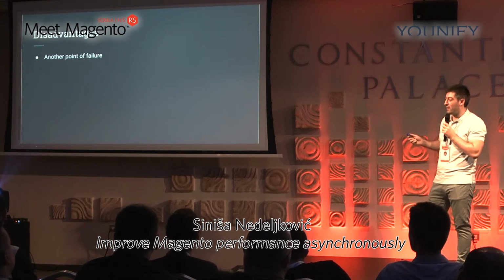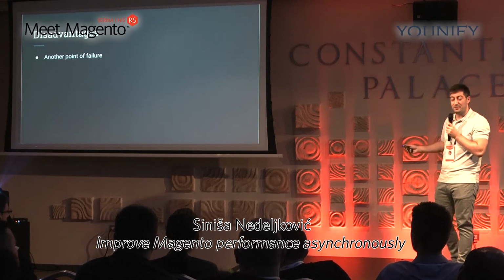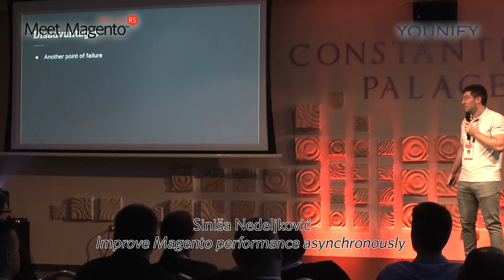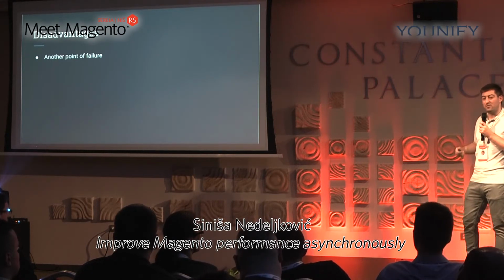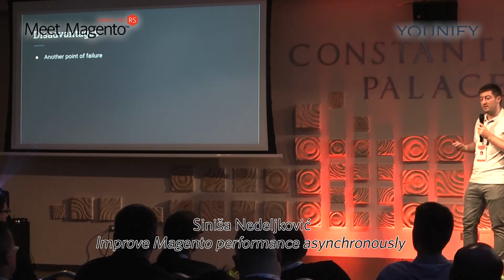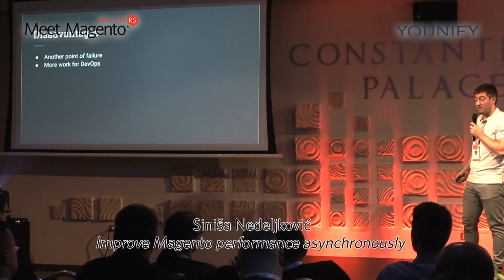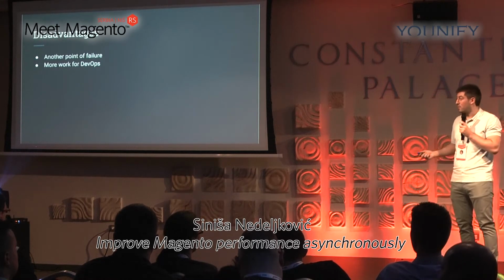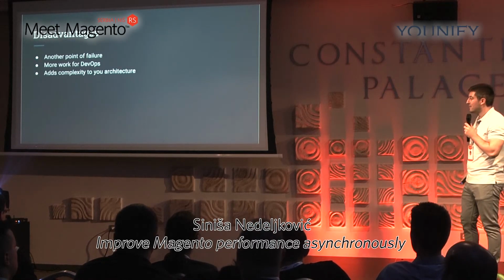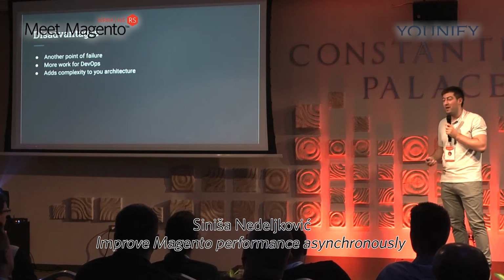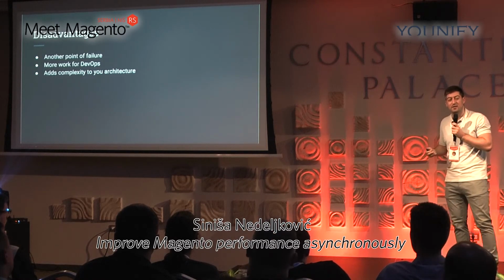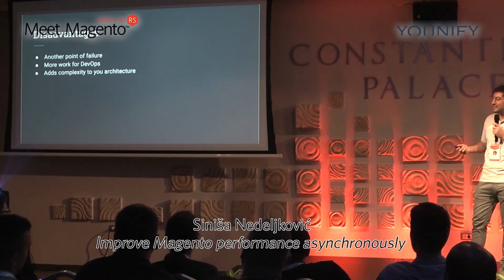About this point of failure, again, I'll mention Amazon Web Services. They are doing that for you. You don't have to think about that. They will take care of it. Yeah, more work for DevOps. That's a problem. And it adds some kind of complexity to your architecture. Yeah, it adds, but at the same time, it gives a lot more.